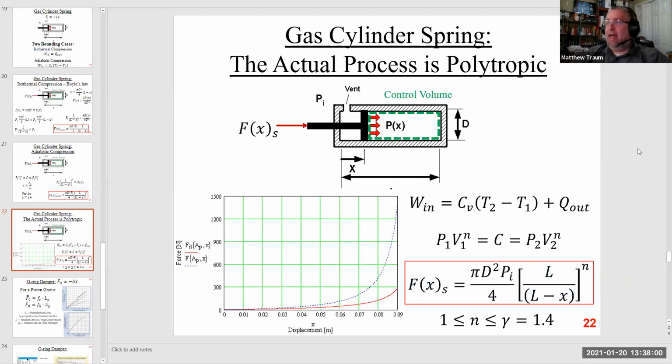And the reality then is, if I go to my annotation tool, the true spring force. So I've got here displacement on the x-axis and force on the y-axis. The blue dotted line is the adiabatic compression, and the red solid line is the isothermal compression.